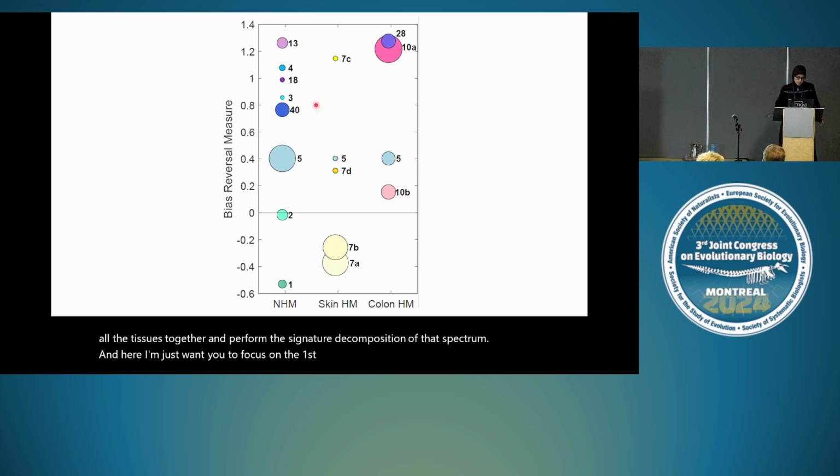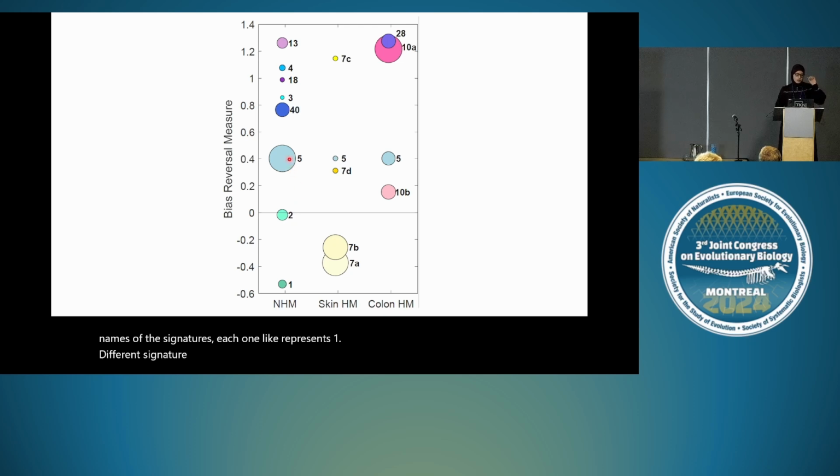I don't have time to discuss the decomposition for hypermutators, but I'm happy to discuss it later. Every circle here represents one mutational signature from the COSMIC signatures that we found in the non-hypermutators spectrum. The numbers are just the names of the signatures. Each one represents a different signature.